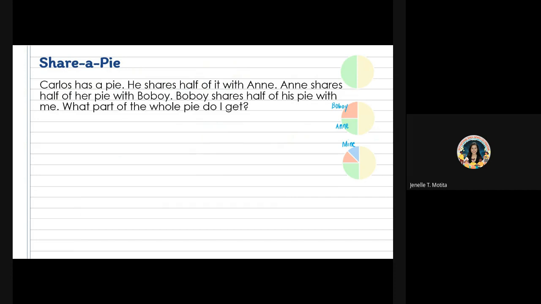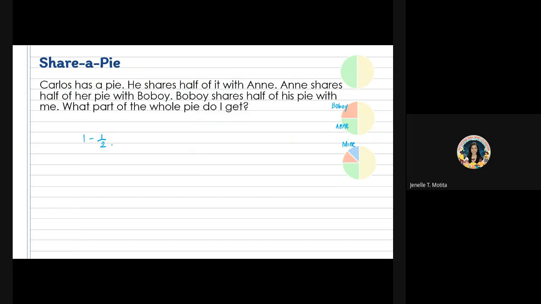So how do we represent this by a complex fraction? Carlos has a pie, meaning that's 1. He shares half of it with Anne, so we have here minus 1 half, because this is the part of Anne. Then Anne shares half of her pie with Boboy.